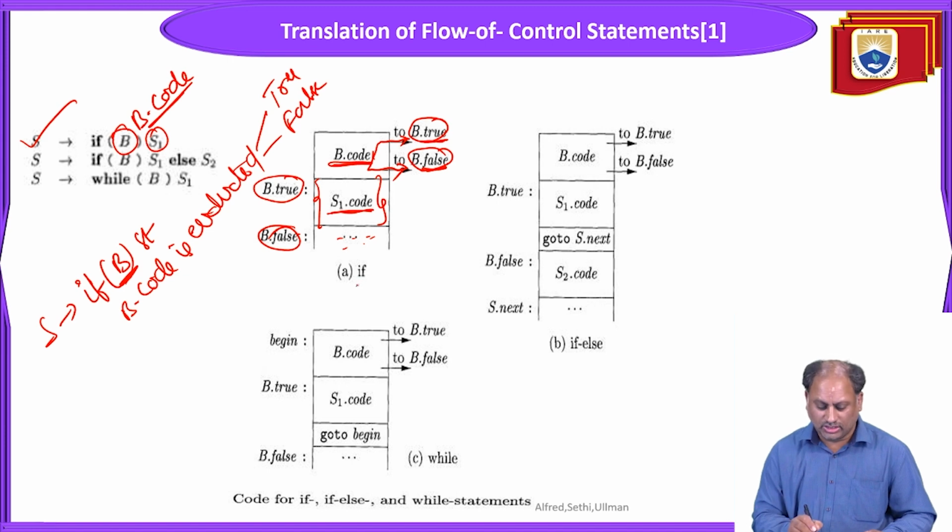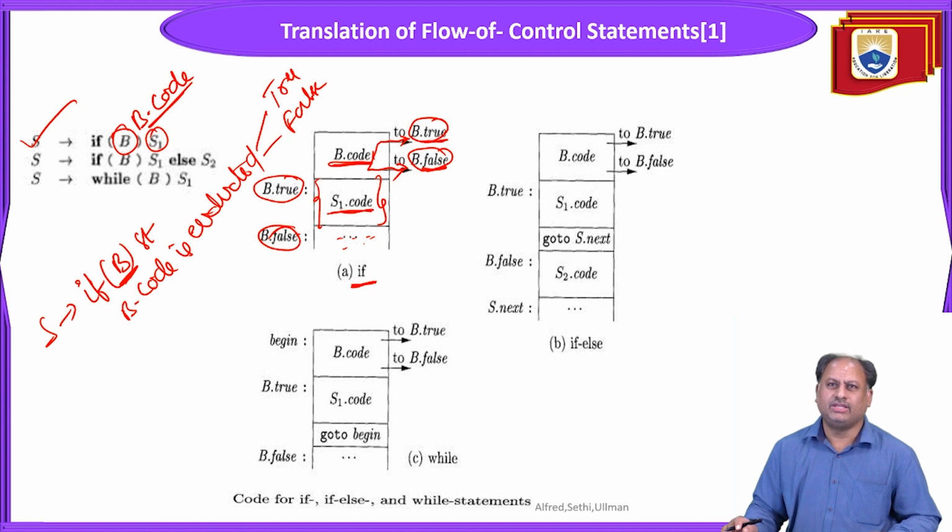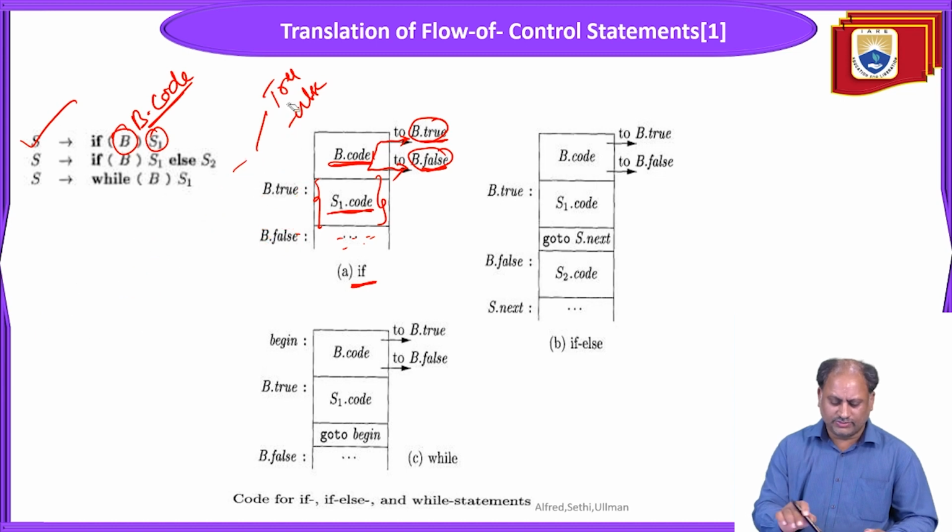So that is called an if structure. This is how syntax directed translation of flow of control statements works in intermediate code generation, simply by applying the code dot code with the result of the evaluation before placing a marker, and after placing a marker, the list of statements that is to be executed. So this is an if structure.